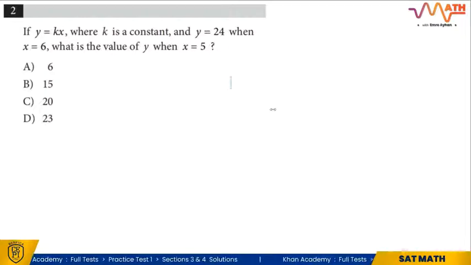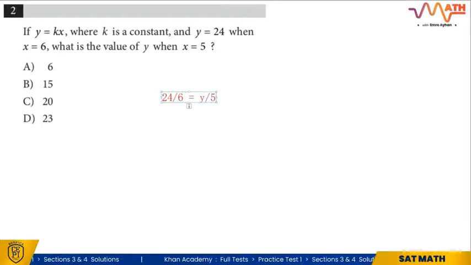So y over x, 24 over 6 must be equal to y over 5.